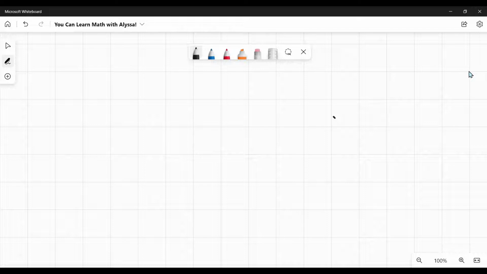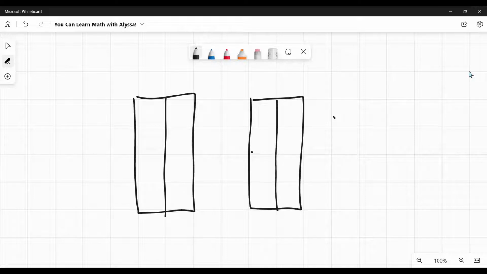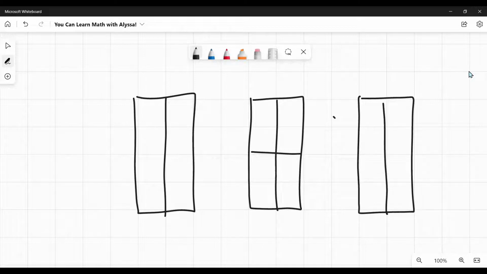So let's start with talking about equivalents, or fractions that are the same, because that's what simplifying is. Let's say I had a rectangle divided into two parts, another rectangle divided into four parts, and another rectangle divided into 8 parts.